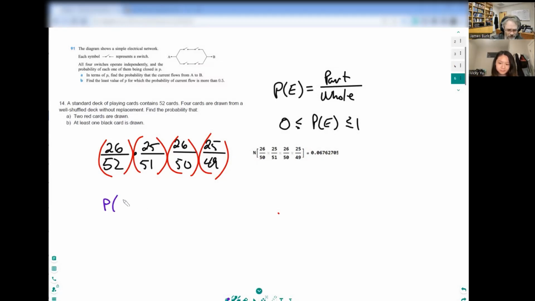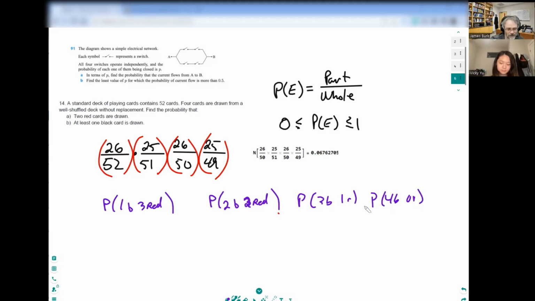I can look at the probability that I have one black card, so one black and three red. Then I can look at the probability of having two black cards and two reds. Or the probability of having three black, one red. Or the probability of four black and zero red.